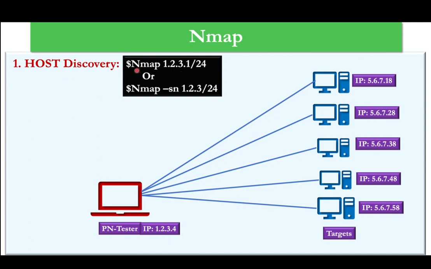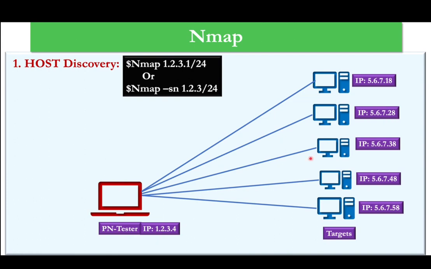Just type the command nmap in the Kali Linux terminal, and give the target's IP address with /24 as the subnet. Then all the hosts in that network are going to be pinged to see whether they are live or not. If the pen tester gets any response, that means the target is live, or else the target is down.